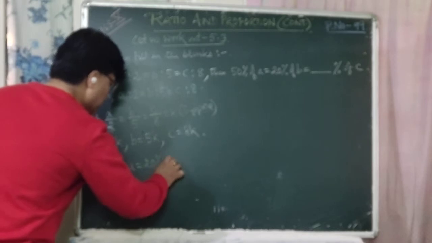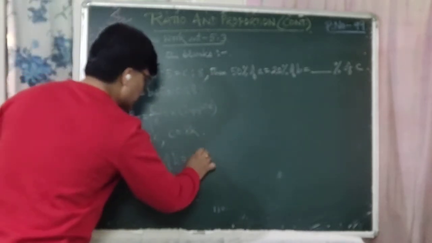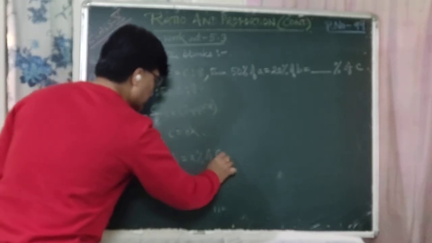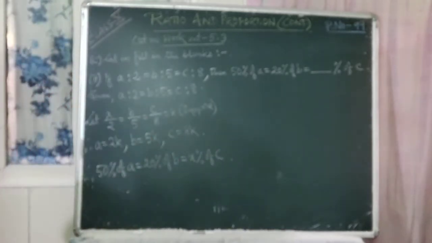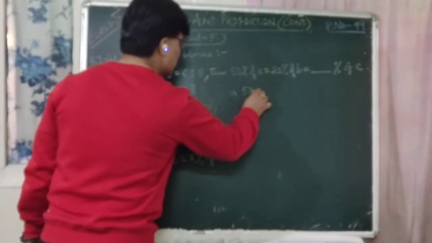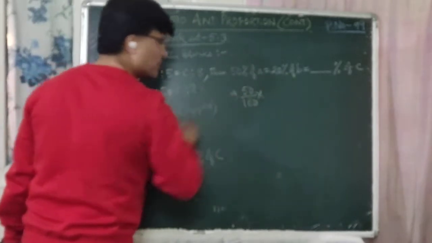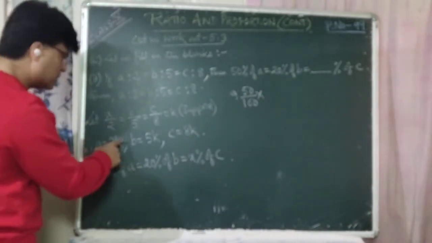20% of B is equal to, let us write, X percent of C. Right? So, what is my 50%? 50 by 100 of means into. What is the value for A here? 2K.